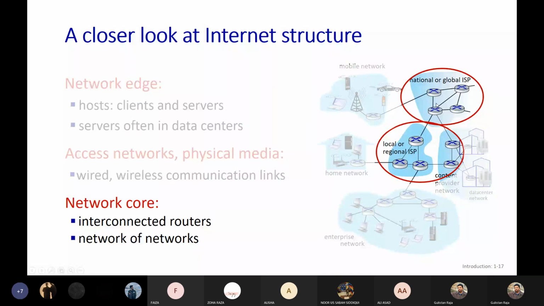These routers are connected with high speed communication links. So this is the network of networks. These are the three categories of internet structure: network edge, access networks and physical media, and then the network core.